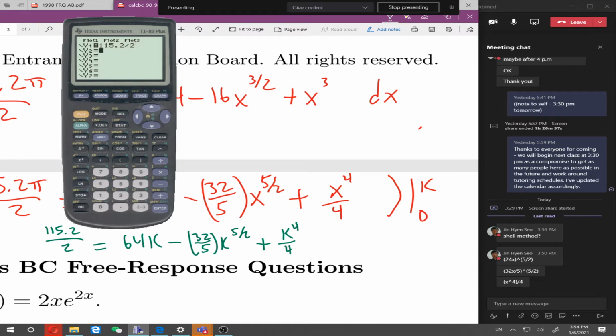And we'll set our y2 equal to 64 times x minus 32 over 5 x to the 5 over 2 power plus x to the 4th over 4. Okay, then I'm going to graph both of those equations, and we'll figure out when they meet.